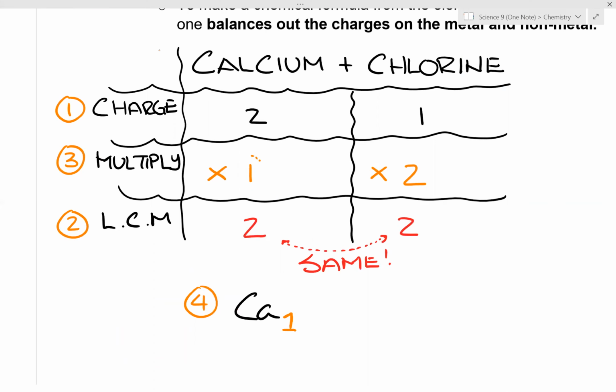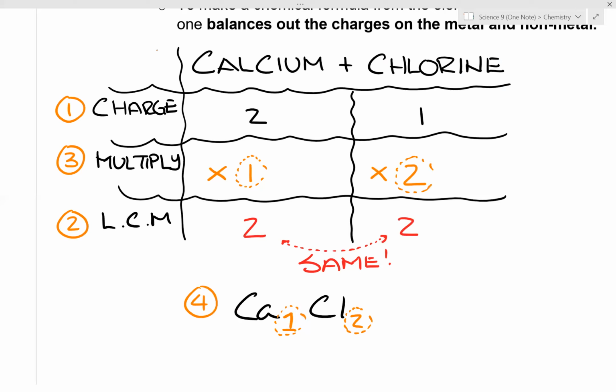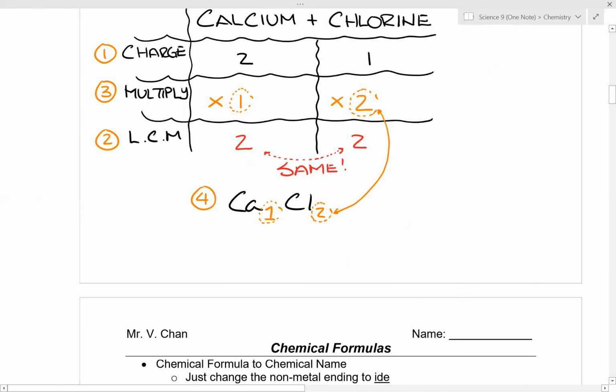And where did I get the 1 from? That's right here in the multiplier. And we have Cl2. And where did I get the 2 from? The 2 comes from the multiplier. So when we write the numbers in the formula, what we're doing is writing the numbers in the multiplier. Okay, so that's one example that I gave.